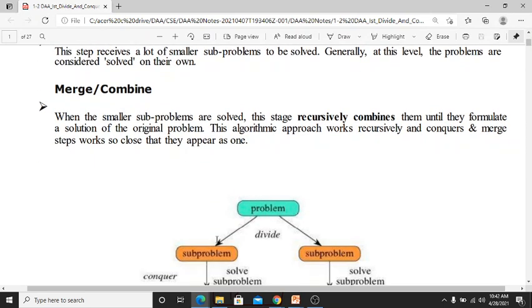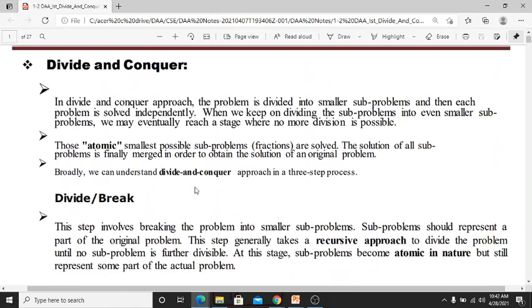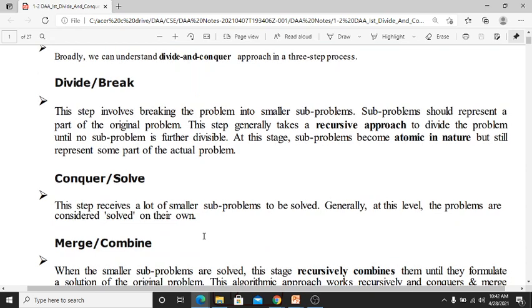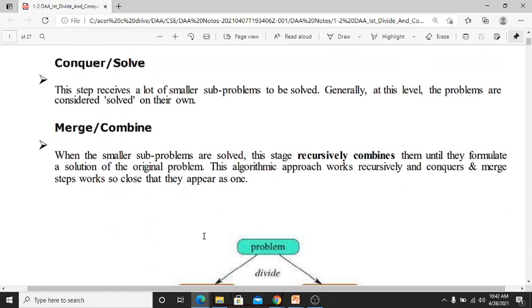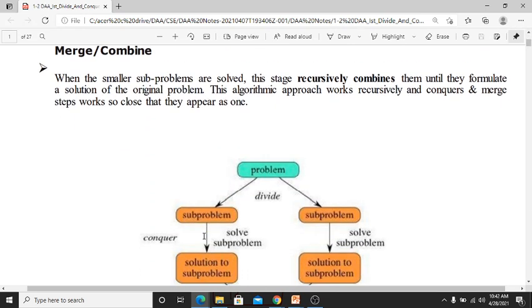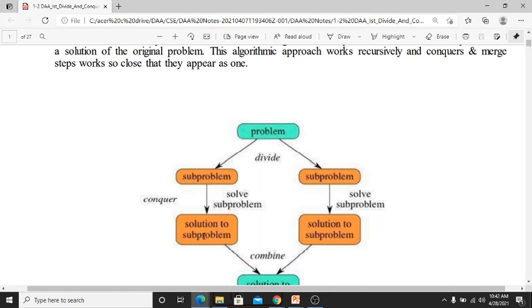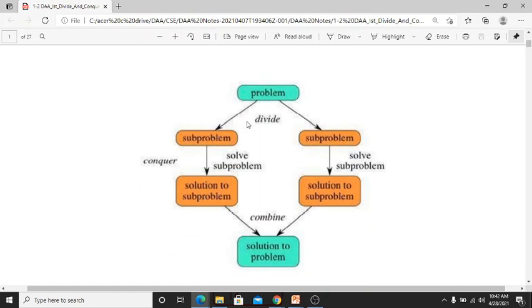So these are the three steps with the help of which we can go with the divide and conquer approach. So I was talking about this diagram.